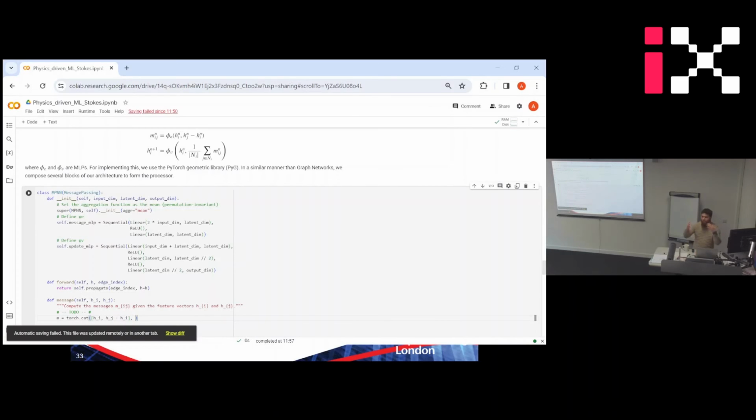The dimension of the entry is, the first dimension is batch, the second is the number of features. So this concatenation will happen on the last dimension, which is why I will add here dimension -1 to say it is at the last dimension that you concatenate those two things.